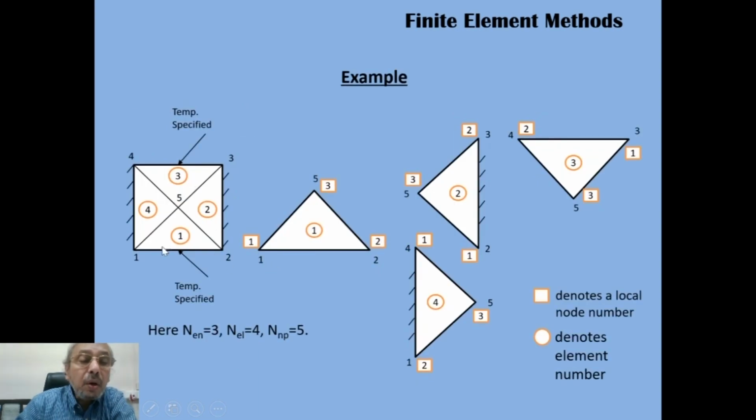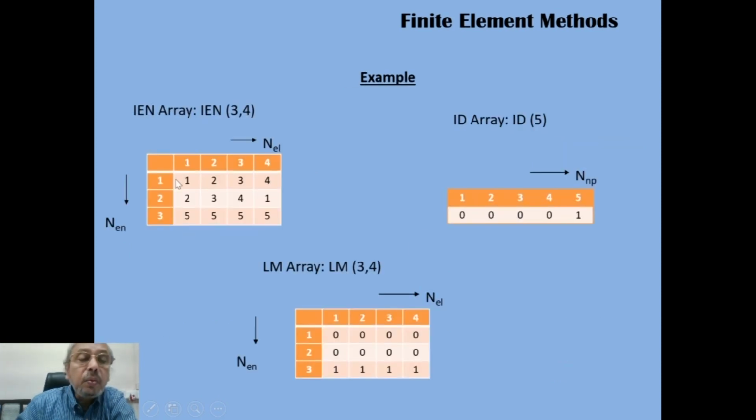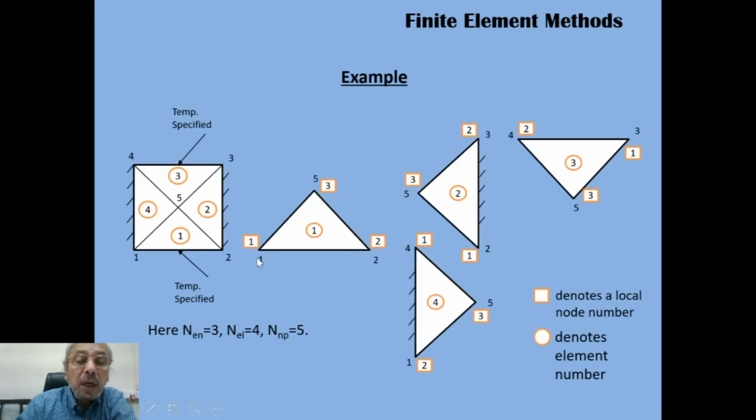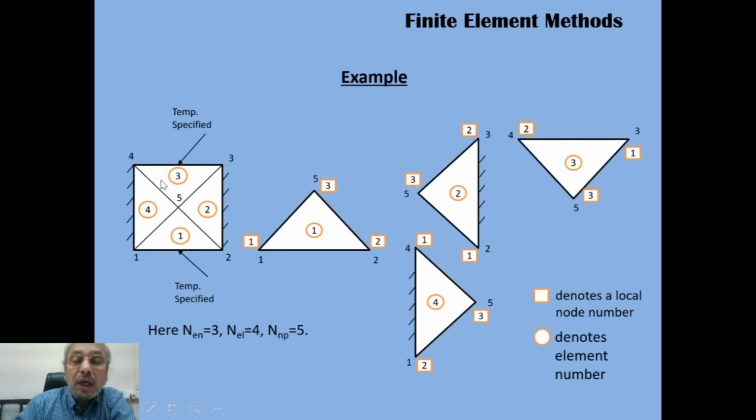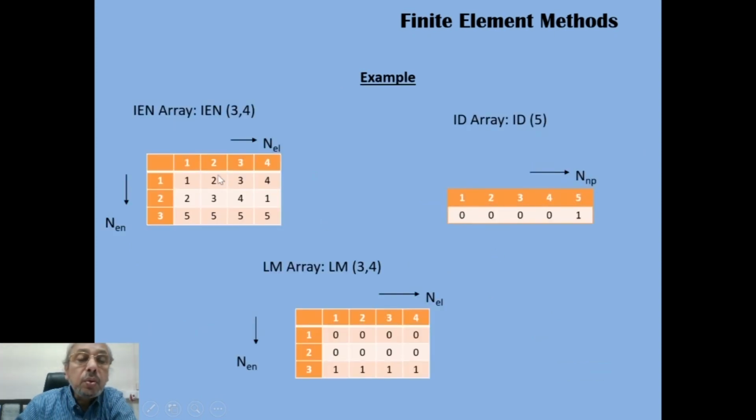So this is the element number 1, and its local node number 1. So what is its global node number? That is also 1. Then element 2, its local node number 1. What is its global node number? 2. Element 3, its local node number 1.